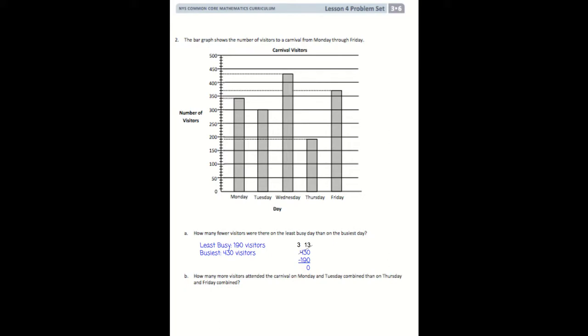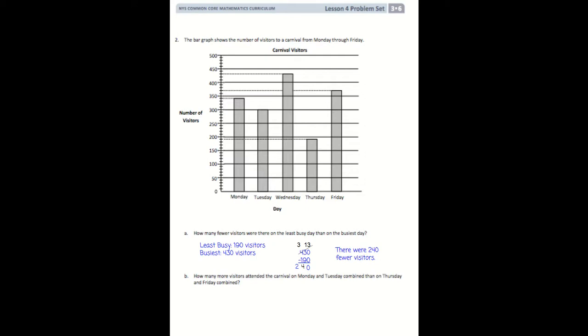So 13 take away 9 is 4, and 300 minus 100 is 200. So my answer will be 240. So there were 240 fewer visitors on the least busy day than the busiest day. So check your work on that. And you could have solved that subtraction problem a little differently than I did.